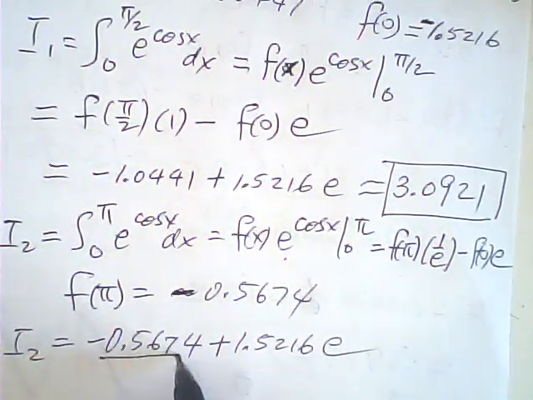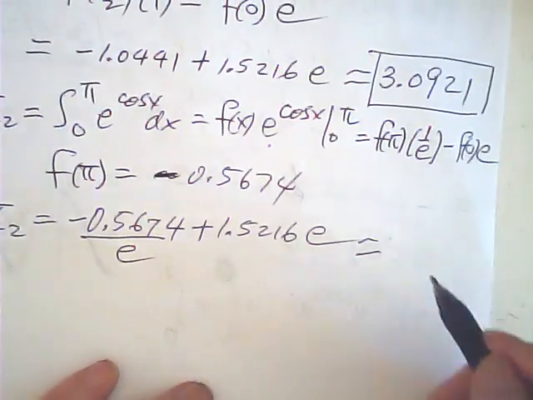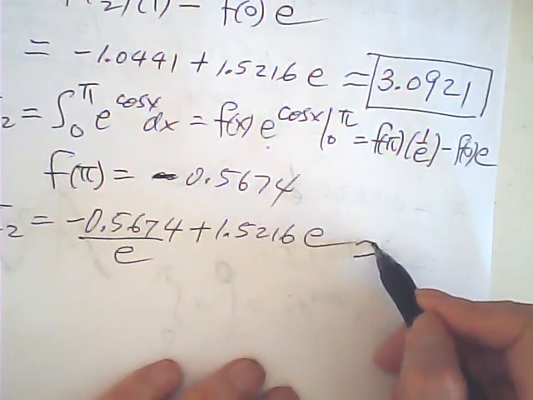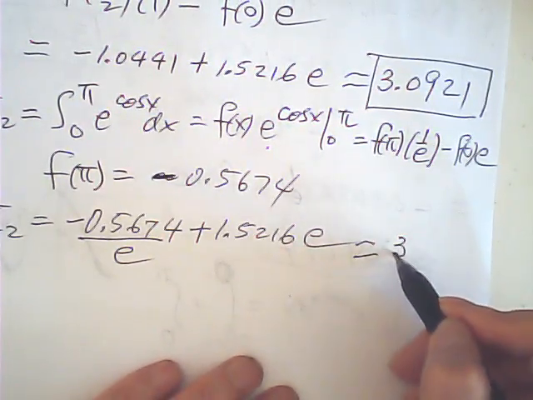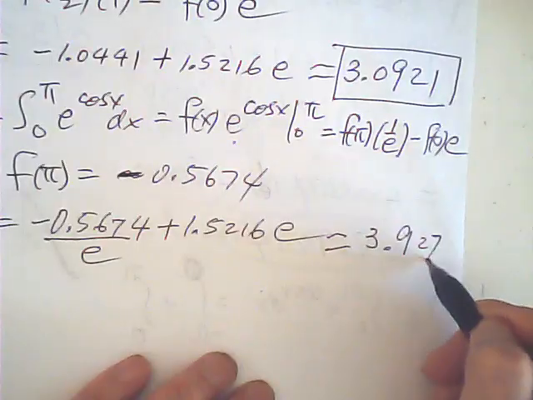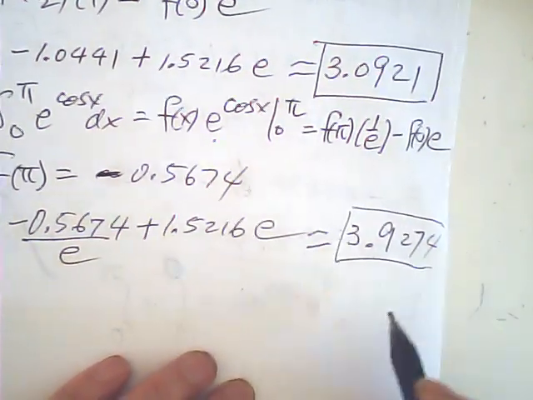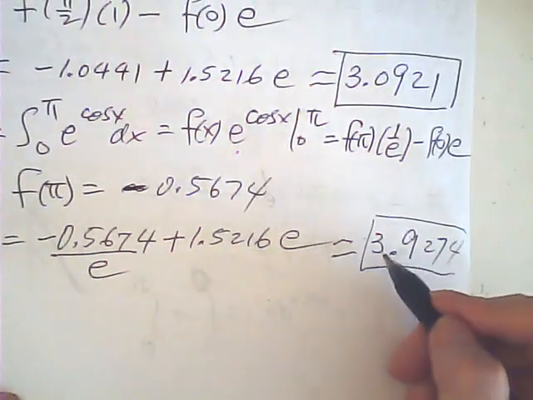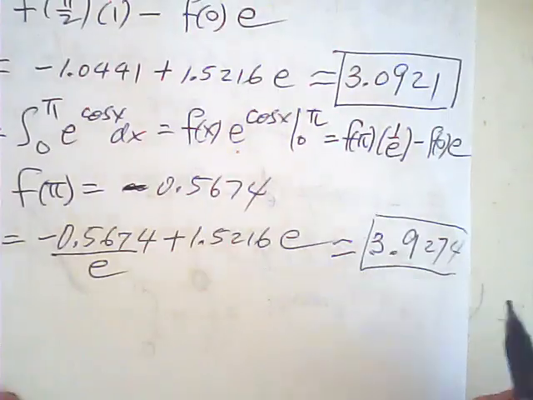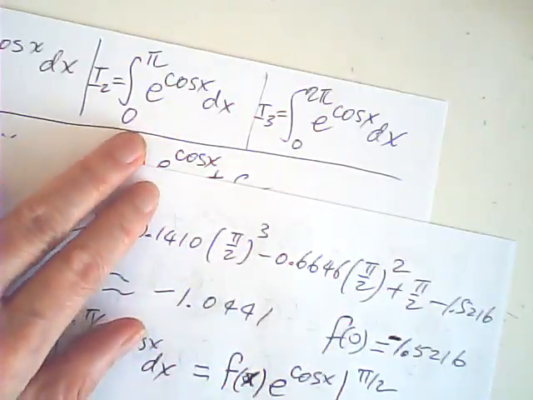So this value is approximately equal to 3.9274. Wow, it's a very good approximation. That is for I2.